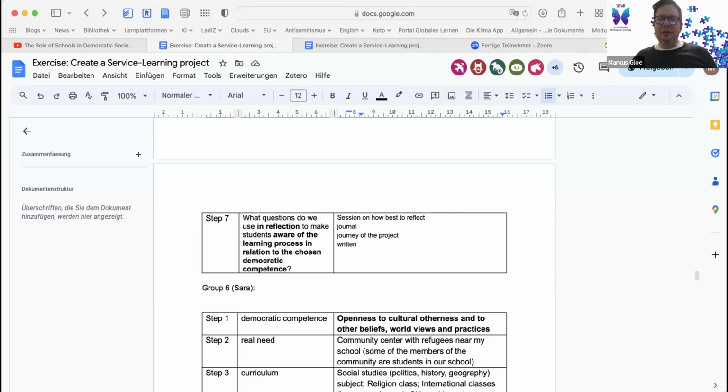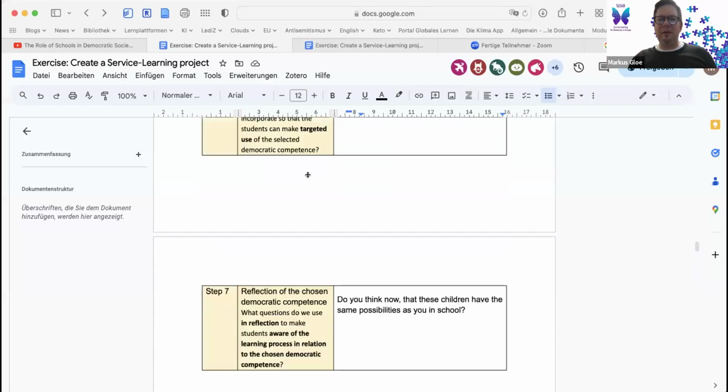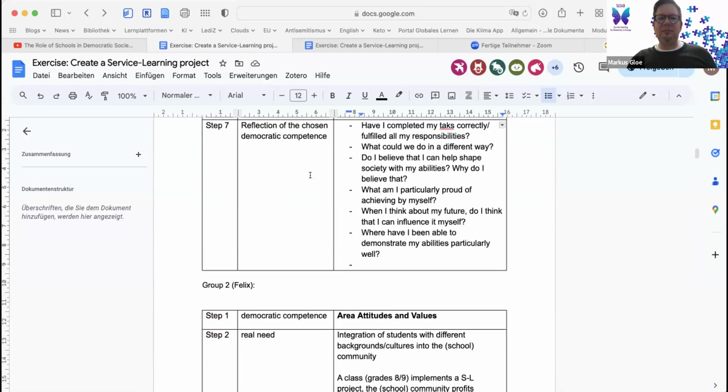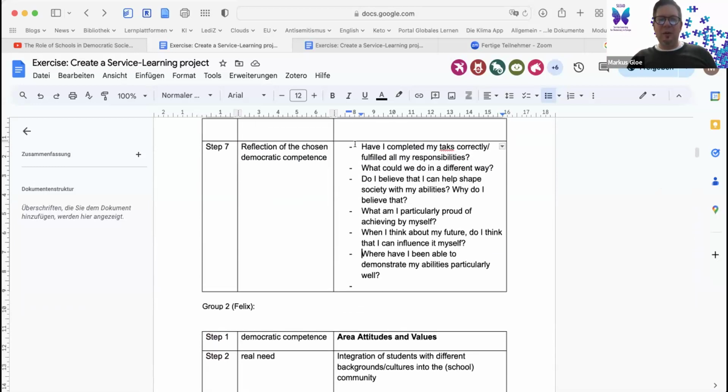So maybe I can add something to step 7. I think it's great that you have this journal where you can write down your answers, but it's really important that you have special questions that address these competencies. So you choose them. Maybe I can go to step 7 in our project, because we discussed it. First we had a proposal: have I completed my tasks correctly?